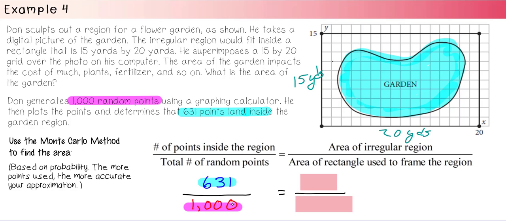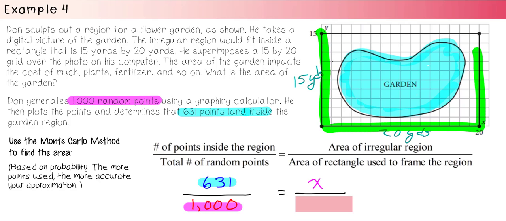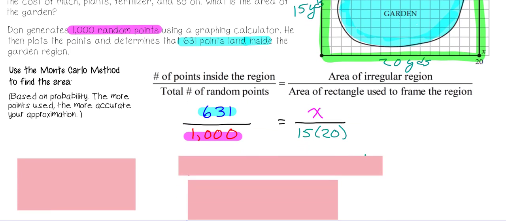Now, what do we know? We don't know the area of the irregular region, so that's going to be our x value. What we do know is how to calculate the area of the rectangular region. That is going to be 15 times 20, because the area of a rectangle is length times width.